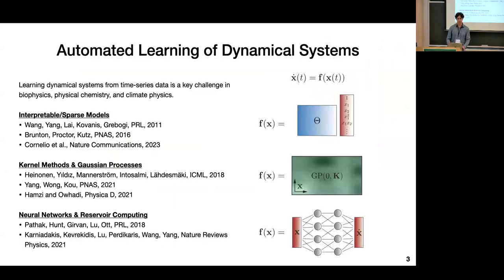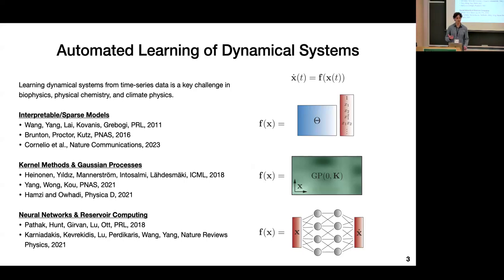Of course, I'm kind of preaching to the crowd when I say that learning dynamical systems is a very large area with plenty of applications nowadays. And there's been so much progress on this. There's been a lot of focus on interpretable methods, learning dynamical systems in some sort of a basis or through some sort of interpretable right-hand sides that have some sort of physical meaning. We saw a great talk by Professor Horesh yesterday on this.